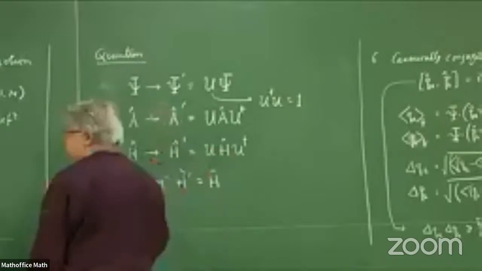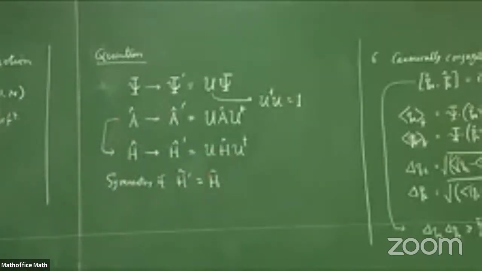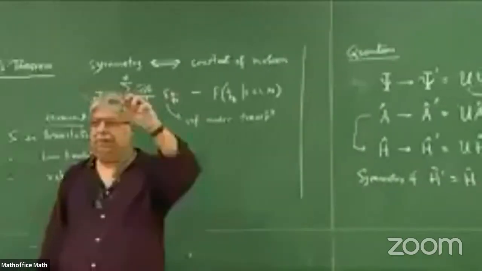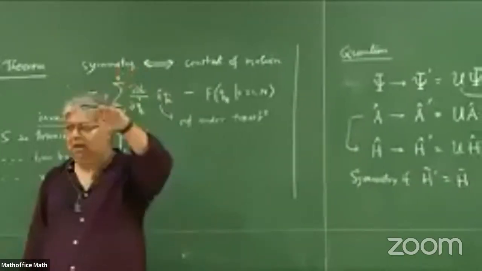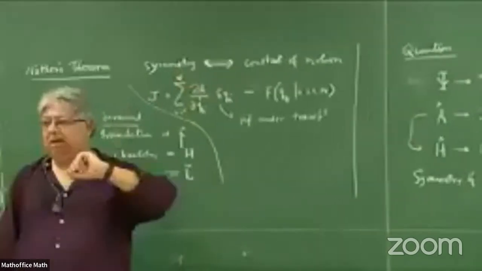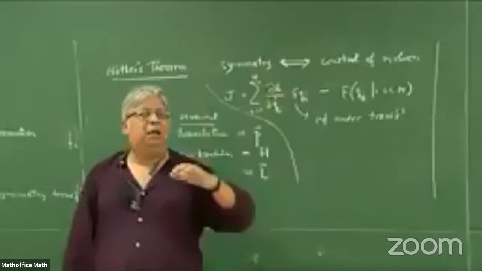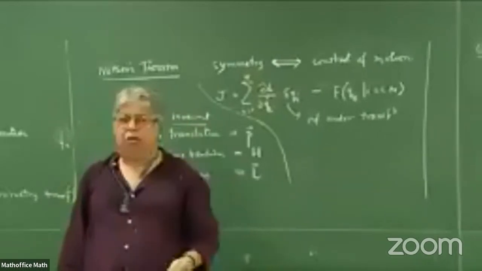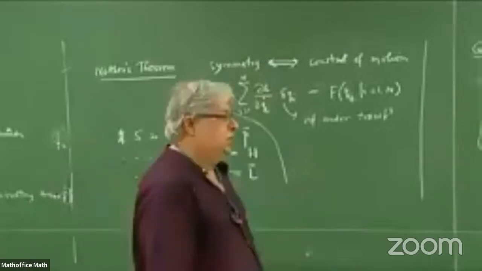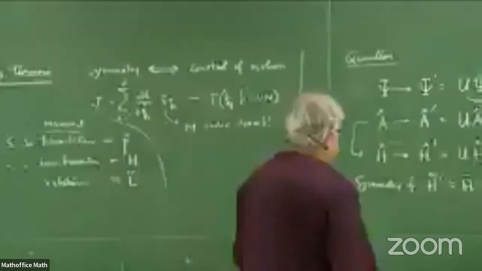Now I will call it a symmetry. I give a loose argument for this. You see, the time evolution is determined by the Hamiltonian. The time evolution operator is equal to e to the minus iHt divided by h bar. So the Hamiltonian determines how this evolves. Now under the transformed system, I get the same Hamiltonian, the same evolution with time. So in a sense, the system will not change.